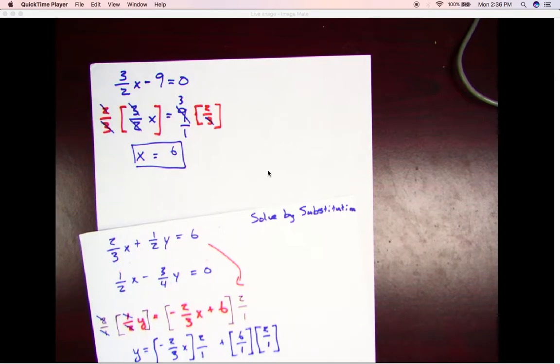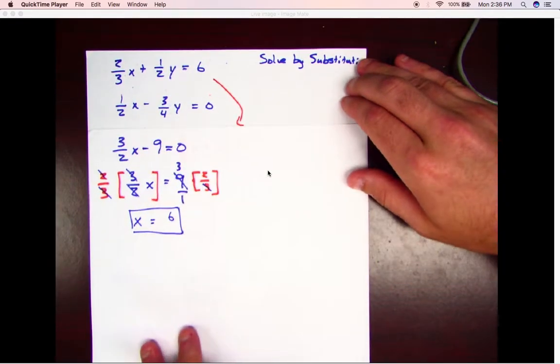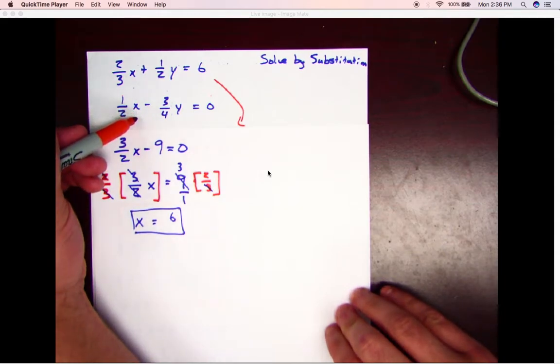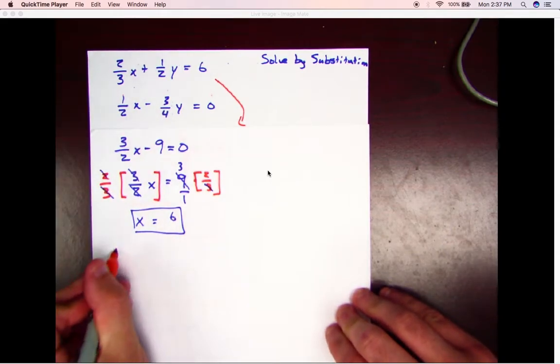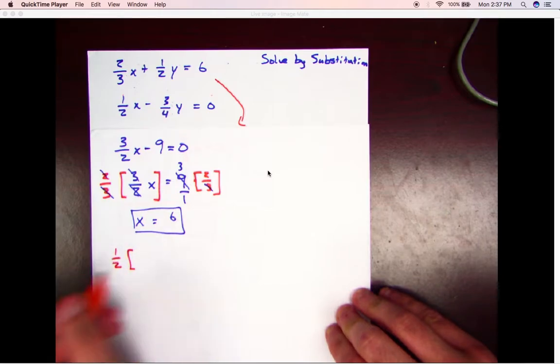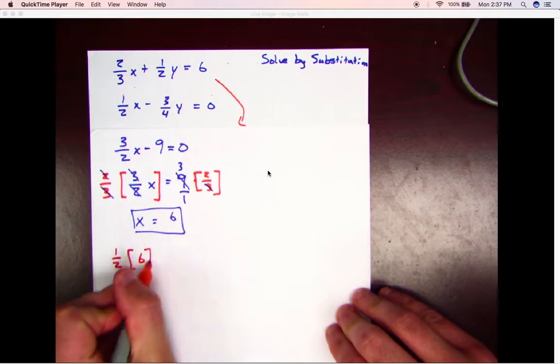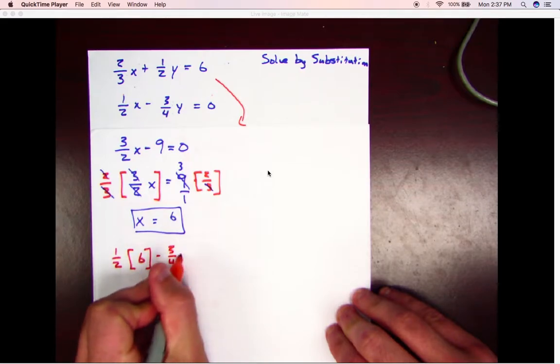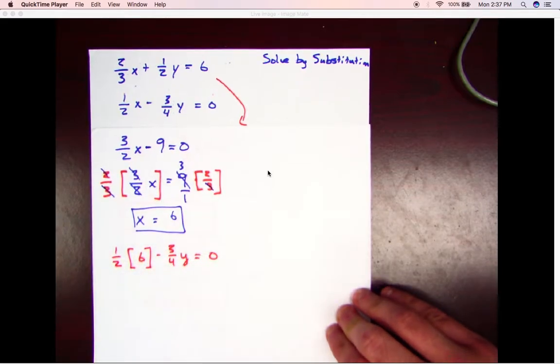So what we have now, when I plug this 6 into our second original equation, 1/2 times 6 minus 3/4 y is equal to 0.